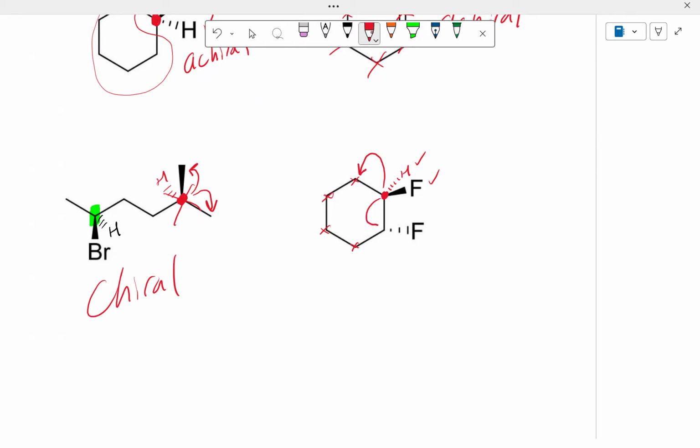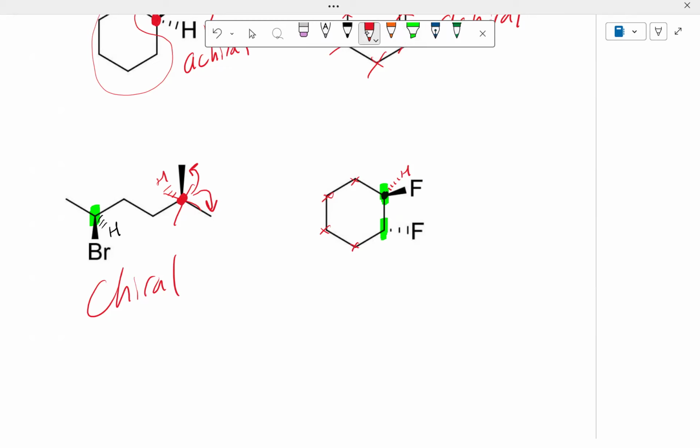When I go the other way, I hit a carbon with a fluorine on it. So those are two different groups. This side is different than this side. So that's going to make this carbon chiral. Now, for the same reason, that's going to make the other carbon chiral as well.